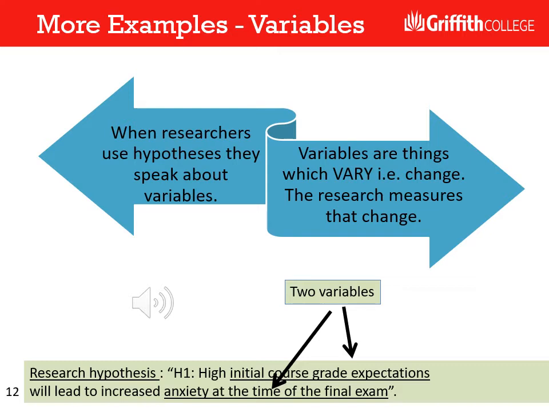Could you possibly make this into a shorter noun phrase using the same method that we used for initial course grade expectations? Yes, you could. It could be, for example, time of the final exam anxiety, as long as it was made clear. So these are the variables.